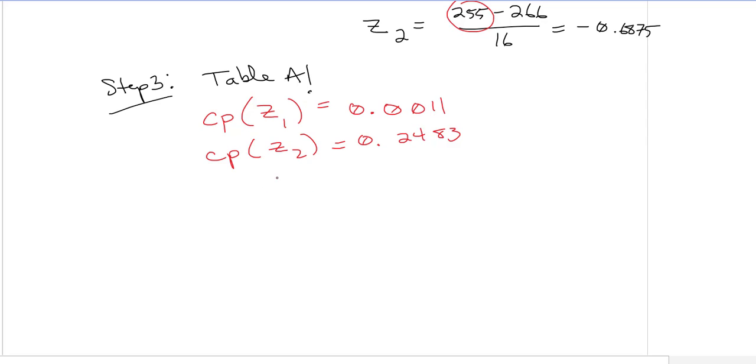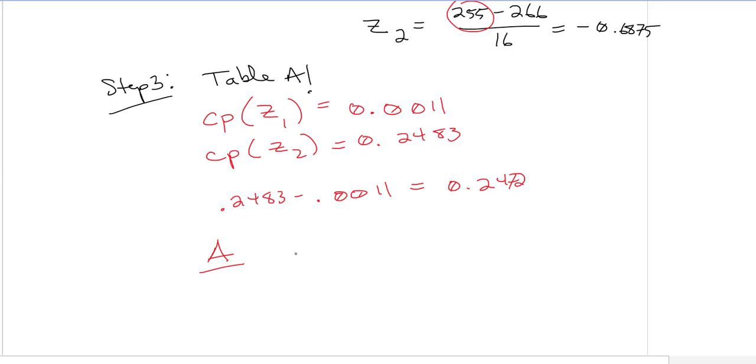Alright, so if we subtract one from the other, 0.2483 minus 0.0011 is equal to 0.2472. We're almost done.